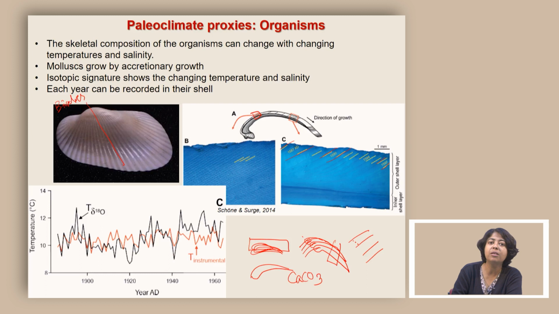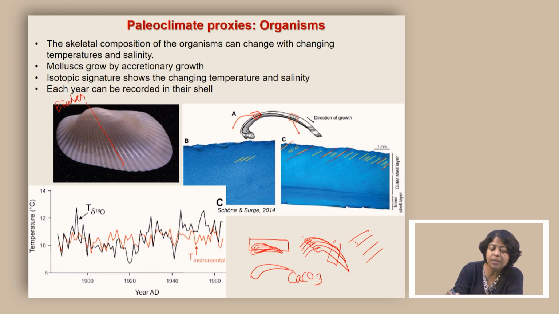So, even if the seawater chemistry is the same in terms of the isotopes, depending on whether it is a cold temperature versus a warm temperature, they are going to preferentially take one of the isotopes of oxygen. As a result, they themselves are good proxies of the paleoclimate.